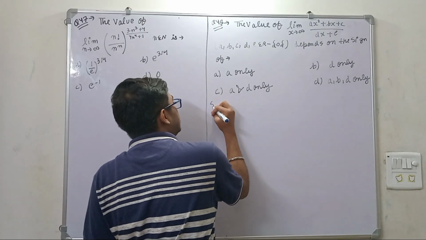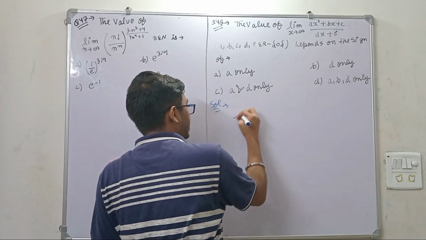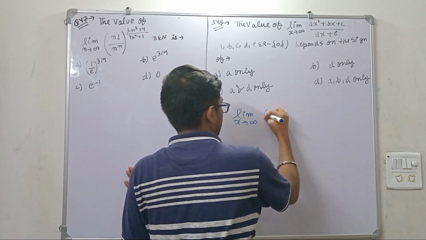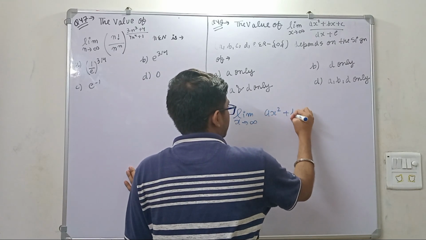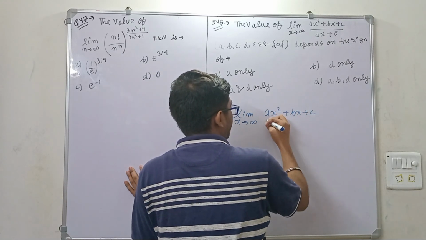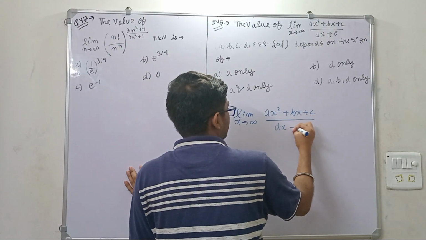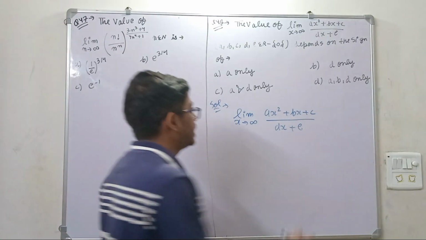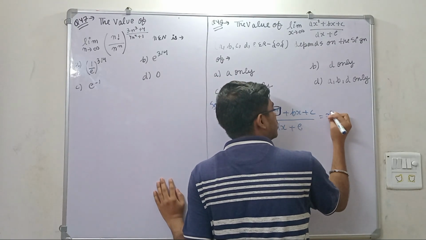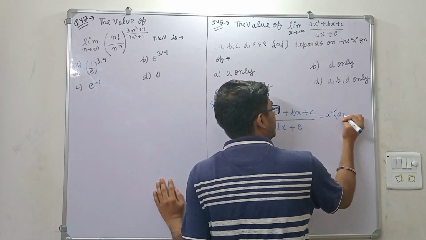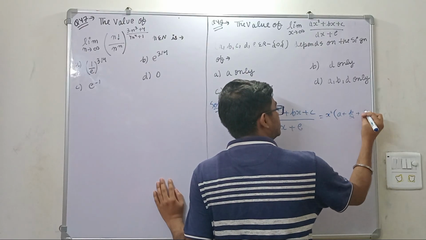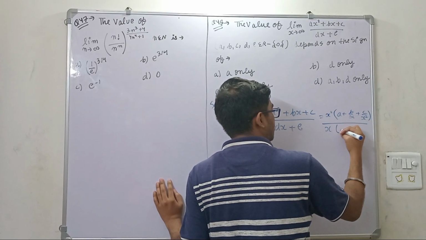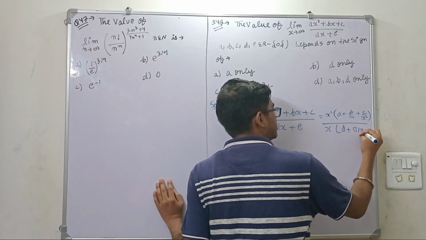See, first of all, whenever x tends to infinity, you always have to take the highest order power common from the polynomial. If ax square plus bx plus c is there, you have to take x square common. So you took x square common, so here a will be left, b by x, c by x square. And in dx plus e, you took x common, so d plus e by x.